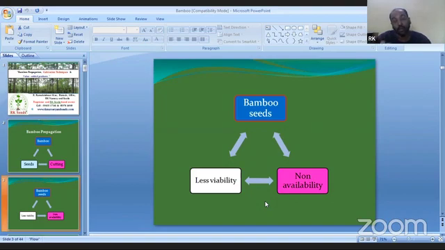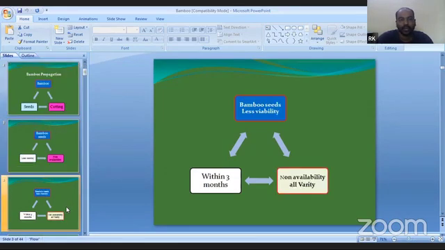That is the bamboo nature. So there is less viability and non-availability. So we go for other sources, the cuttings. Seed viability is only within 3 months.